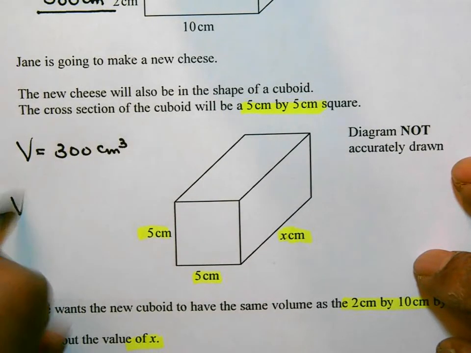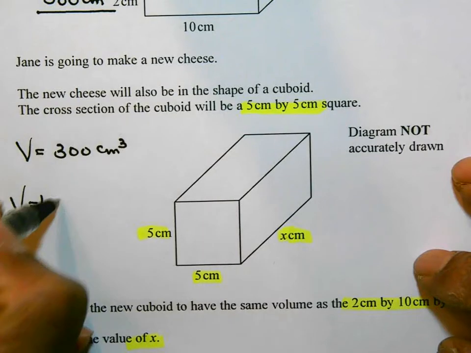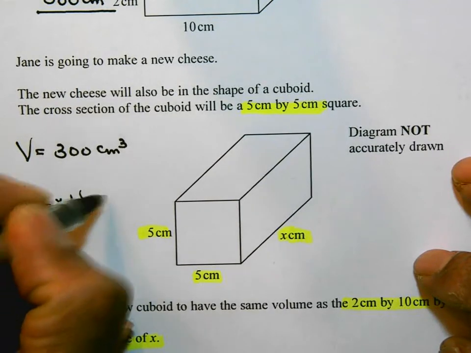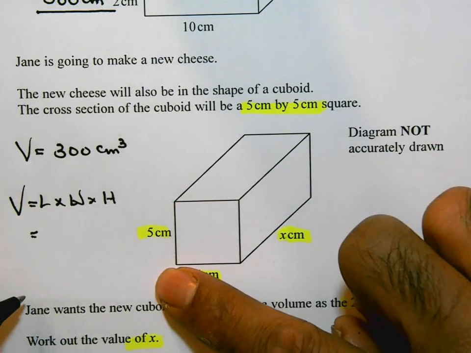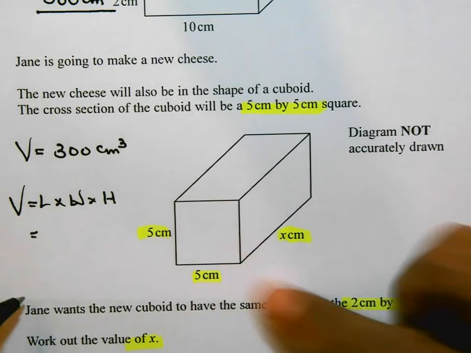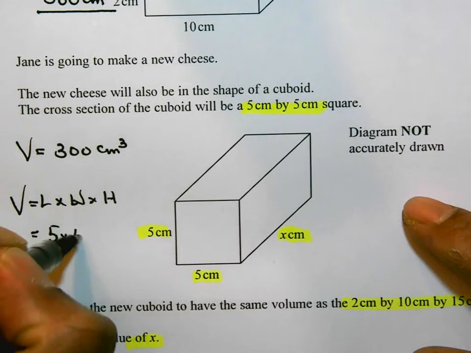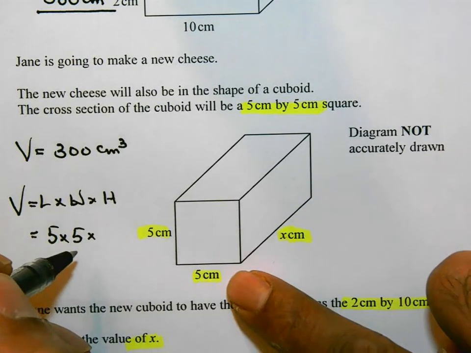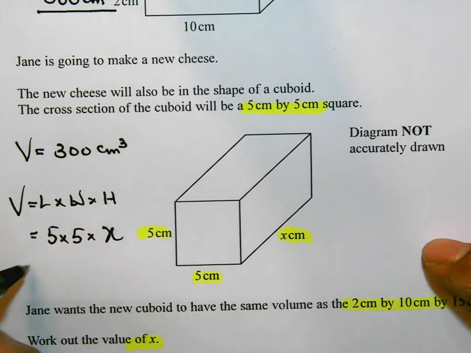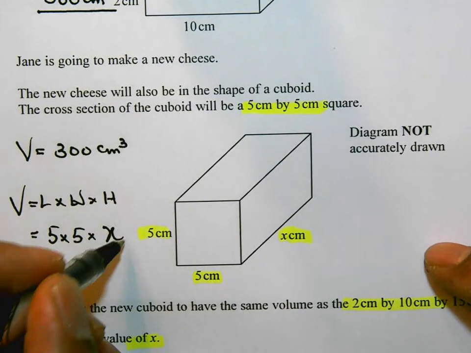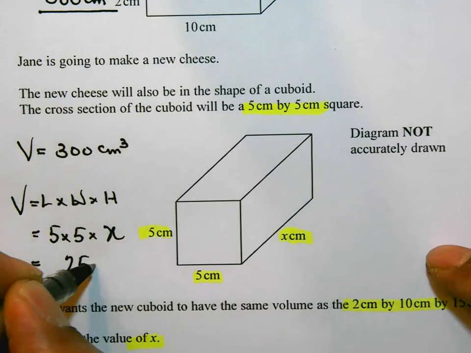But in order to work out the volume, remember it's length times width times height. The height is 5, the width is 5, so that's going to be 5 times 5, and it goes back x. 5 times 5 is 25, times x, that's 25x.